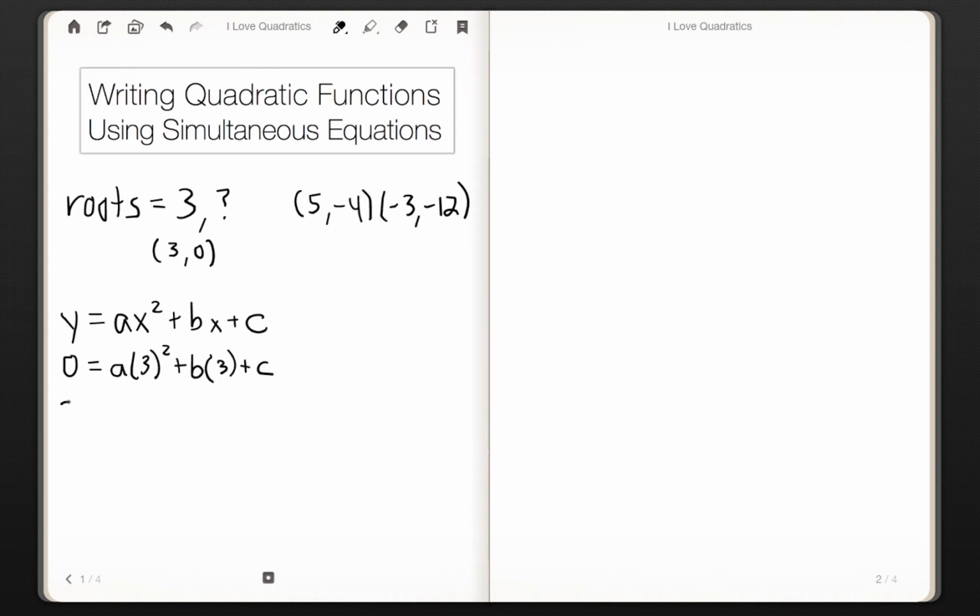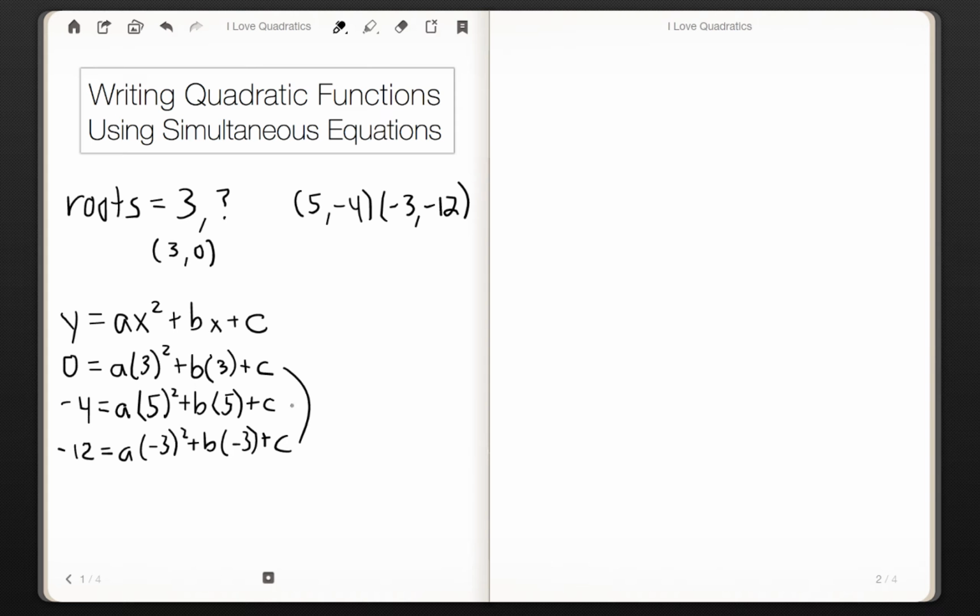So y of -4 equals a times x of 5 squared plus b times x of 5 plus c. And finally this point, y of -12 equals a times x of -3 squared plus b times -3 plus c.